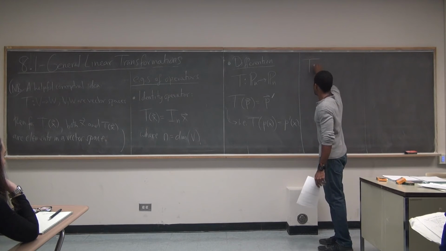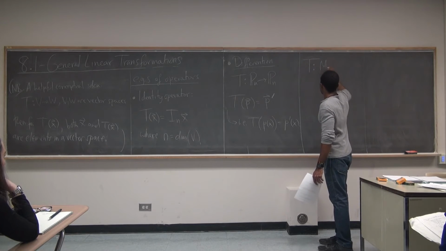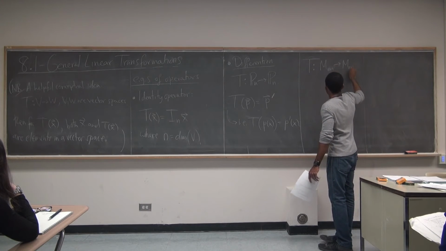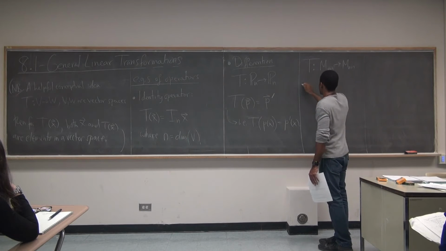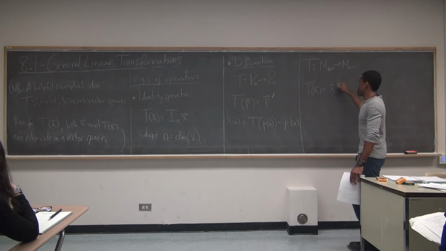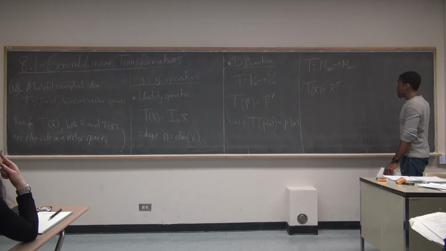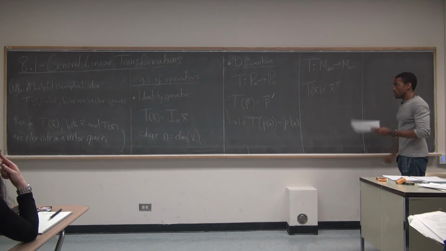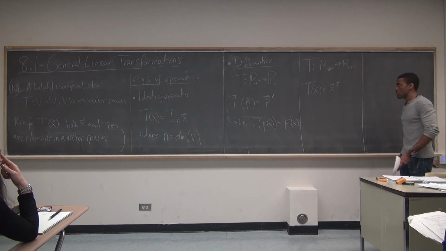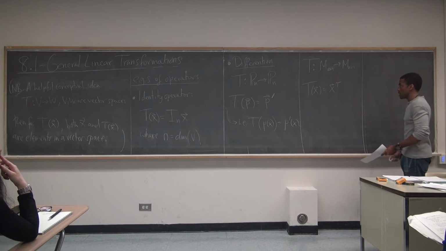Let's say T goes from F^n to F^n, and I defined T of a vector to be its transpose. That is a linear operator. We know about the properties of transpose: it distributes across sums, and you can actually factor scalars out.